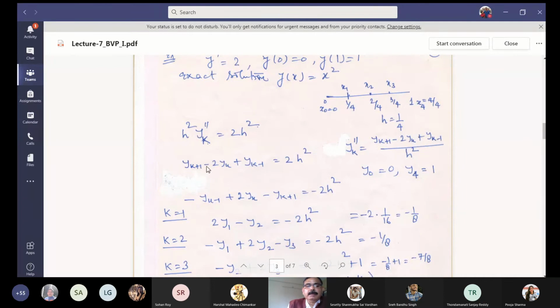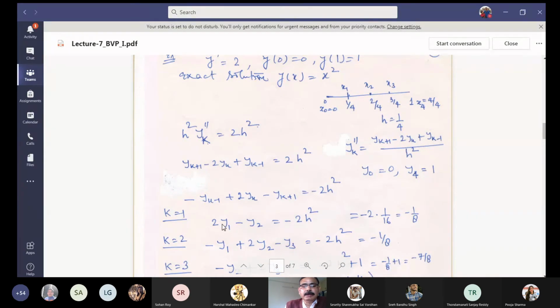I have multiplied by minus in the equation itself: minus yk minus 1 plus 2yk minus yk plus 1 equal to minus 2h square. It does not matter if you multiply by minus on both sides; there won't be any trouble. There is a reason behind that, which I will tell you later.